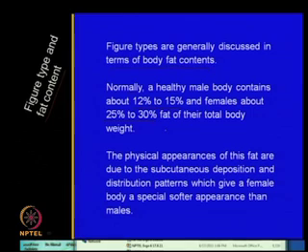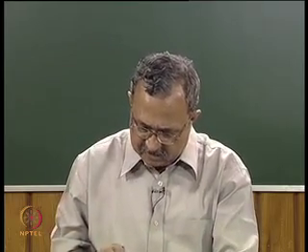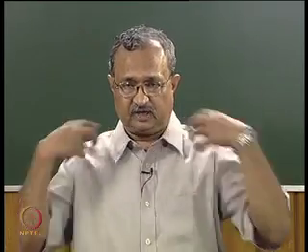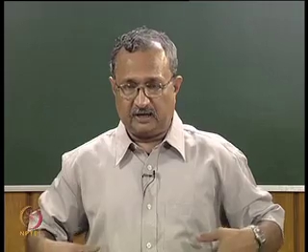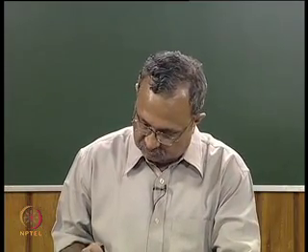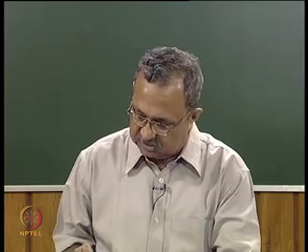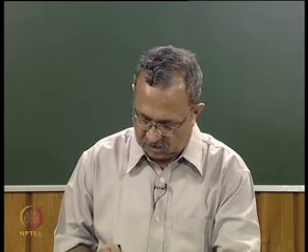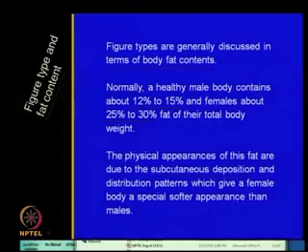This is normal. The physical appearance of this fat is due to subcutaneous deposition and distribution pattern in different body parts like abdomen, shoulder, thigh, etc., which give a female body a special softer appearance than males.